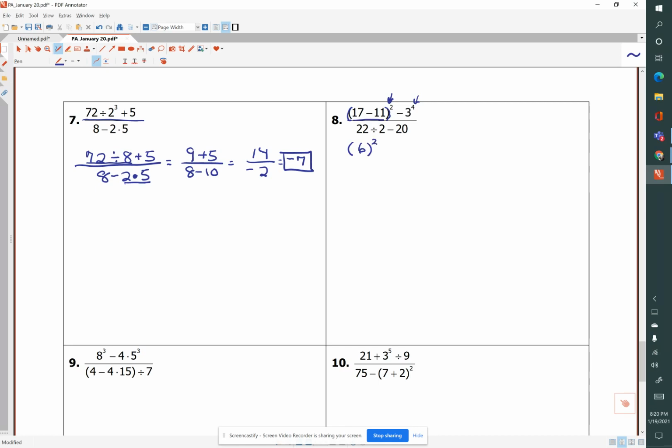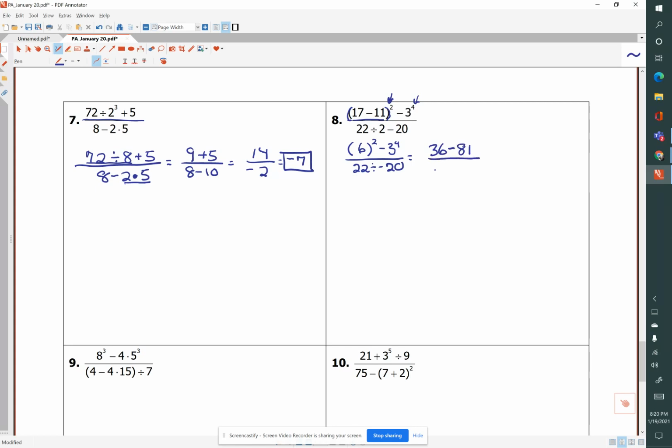And that quantity is raised to the second power minus 3 to the fourth power over 22 divided by 2 minus 20. Now we'll evaluate the 6 to the second power and the 3 to the fourth power. So 6 times 6 is 36, and 3 to the fourth is 3 times 3 times 3 times 3, which is 81.